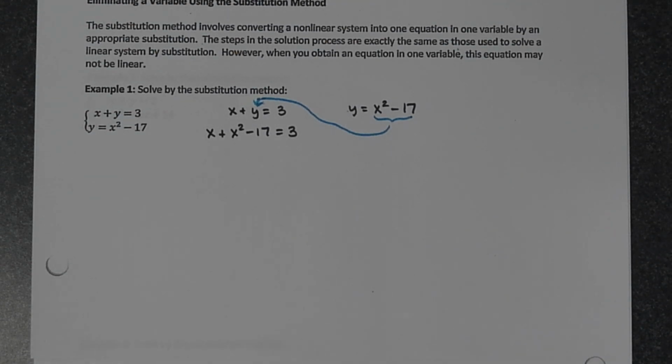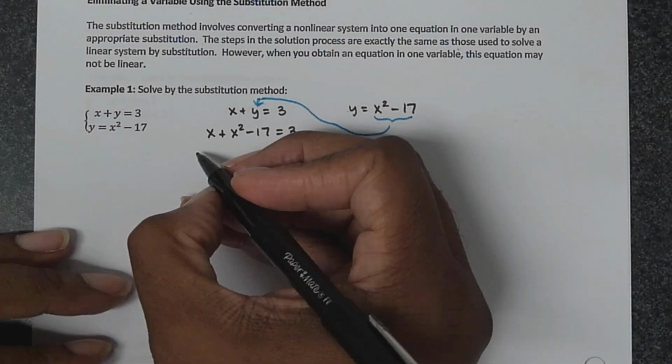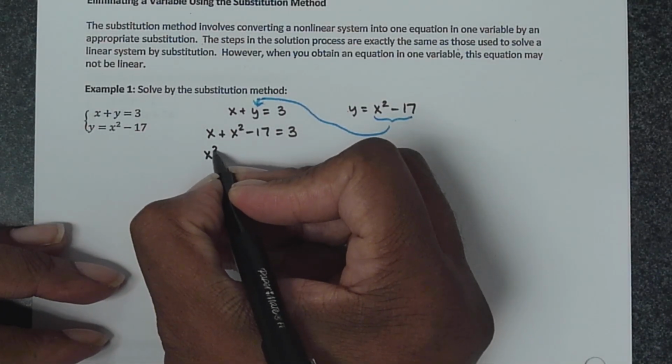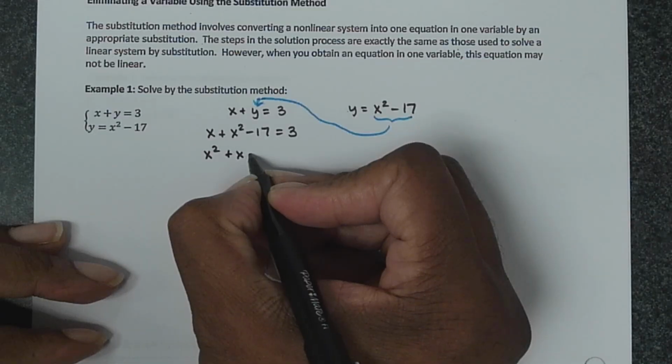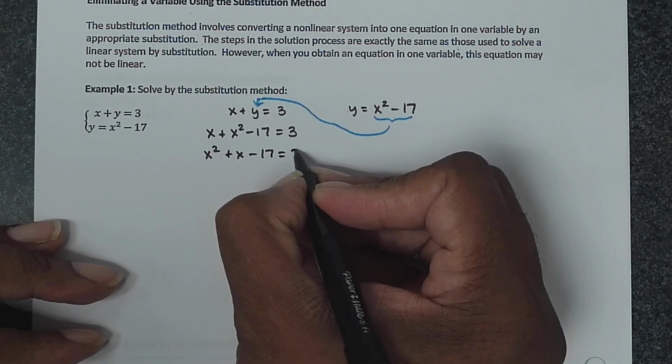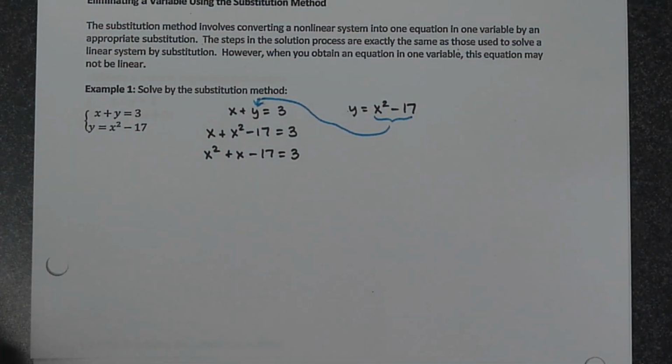What I'm going to do here is write my terms in descending powers. In other words, I'm going to put the x squared in front, and then plus x minus 17 is equal to 3. Now notice I have a quadratic equation, but to solve the quadratic equation, I need to get a 0 on one side of this equation.